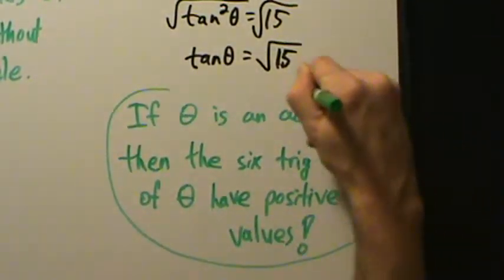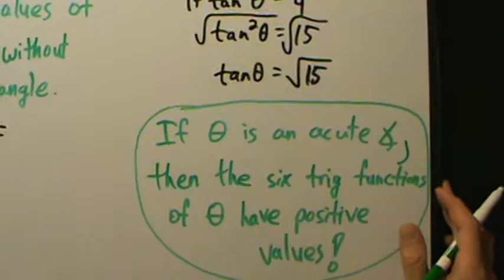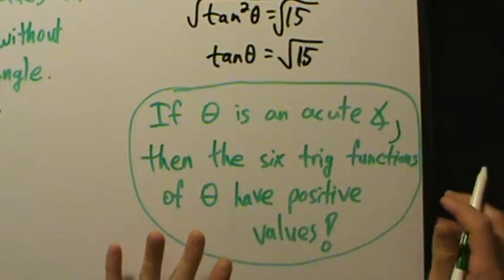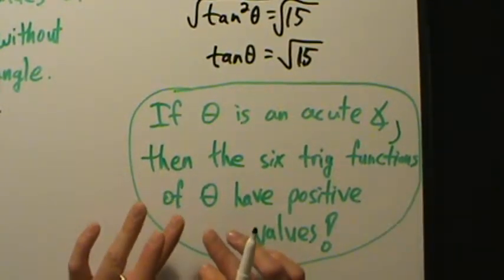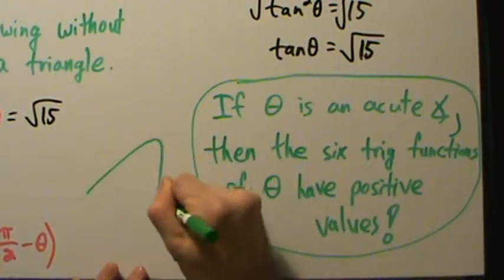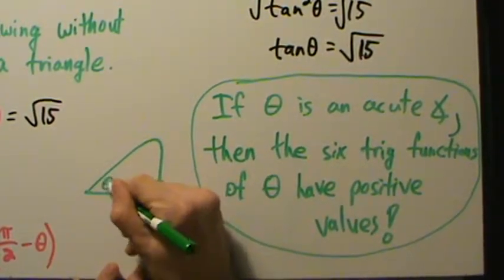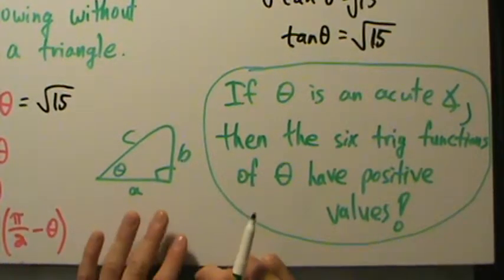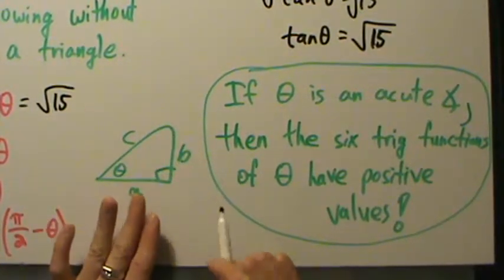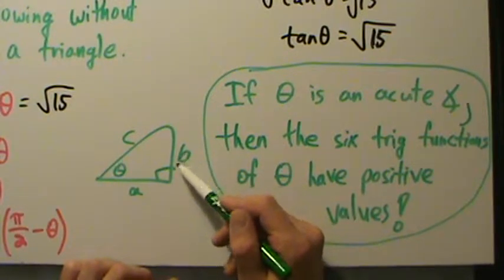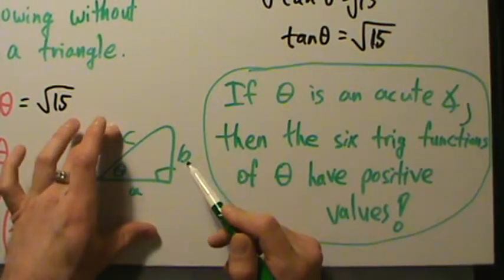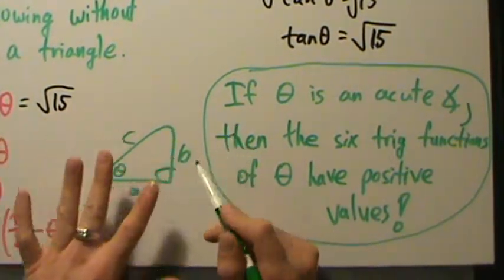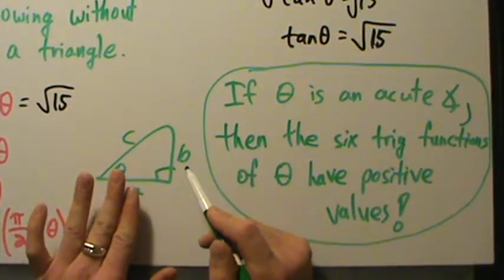There are a lot of different ways to think about that, but how do we define these 6 trig functions? We define them in terms of the sides of a right triangle. Remember, for a right triangle with theta and sides A, B, and C, we define the 6 trig functions as ratios of the sides. Since we're talking about sides of triangles, A, B, and C all have to be positive. No matter how we divide them, we get positive numbers.